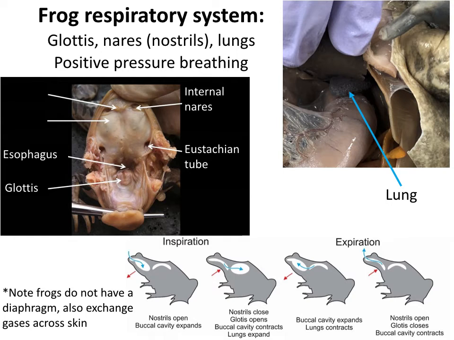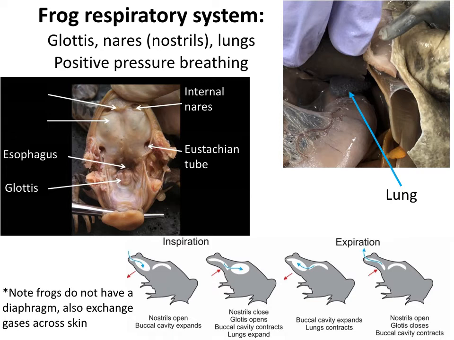The buccal cavity sits under their lower jaw, and it's basically an inflatable balloon, just like their lungs are. Okay, but it can't do any gas exchange. So it doesn't have the kind of blood vessels necessary to actually be exchanging gases within the buccal cavity.